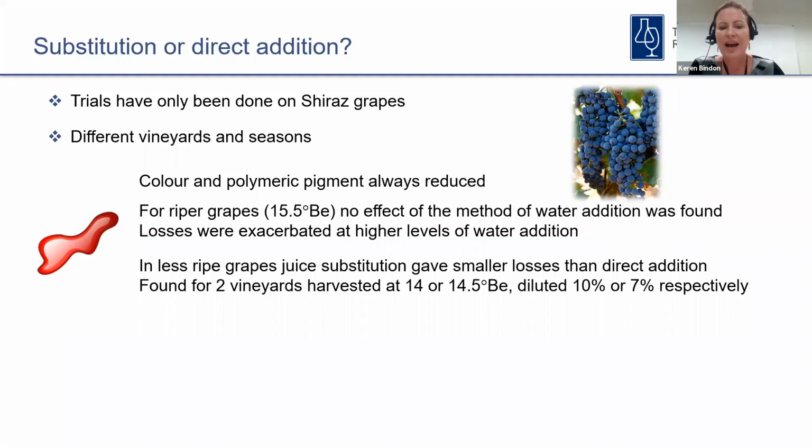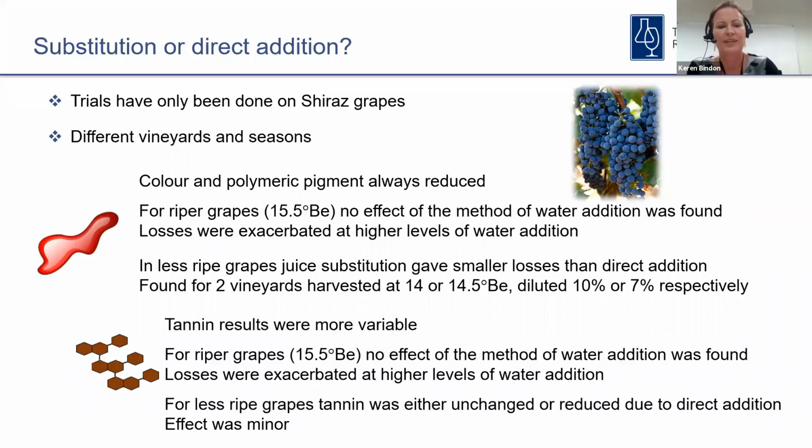When the grapes were less ripe, it was found that the juice substitution gave smaller losses in tannin, and sorry, I'm talking about colour and polymeric pigment. I'll just put the tannin results up now. Than what was seen for the more ripe fruit. So juice substitution was a better approach to follow when the grapes were less ripe.